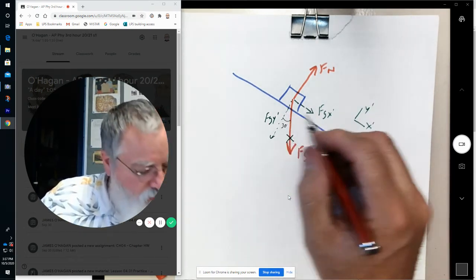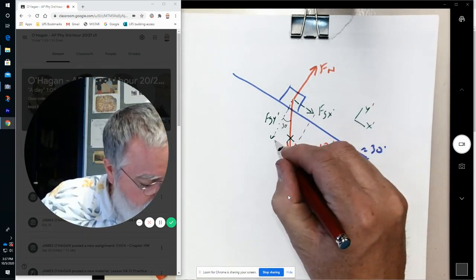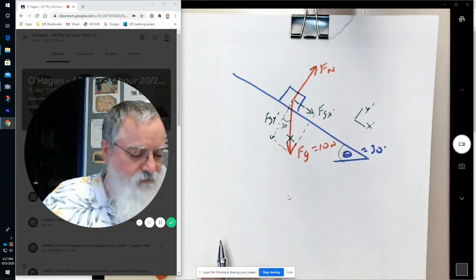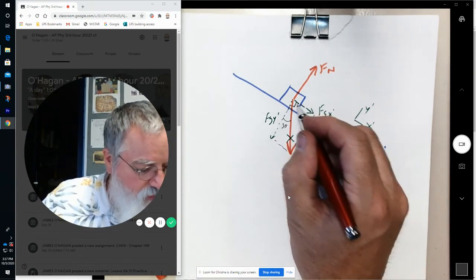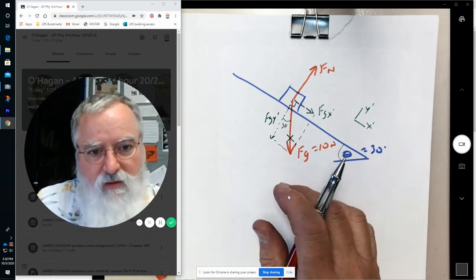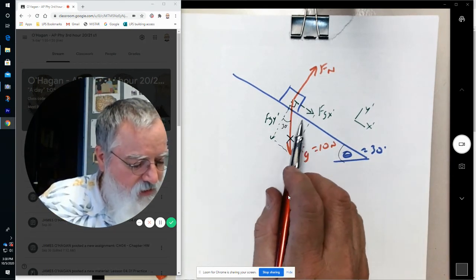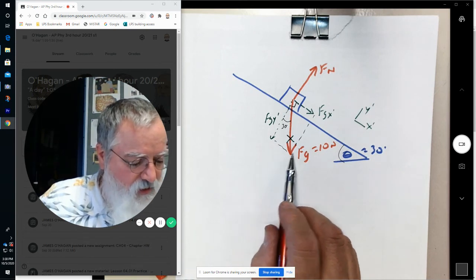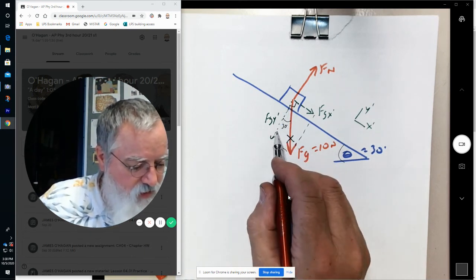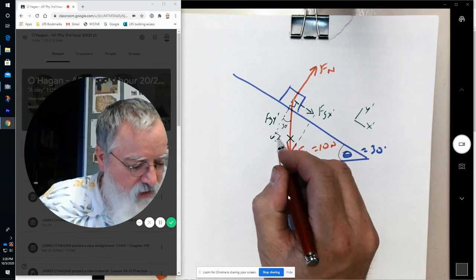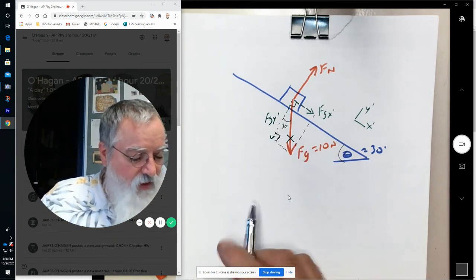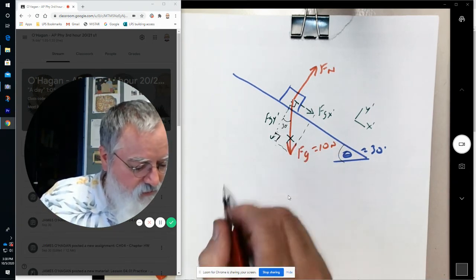In doing these components, we've basically made a rectangle, where there's a right triangle right up there. So if I want to know the gravity in the x, it's going to be the exact same as this part of my right triangle. Here's how we get this side.